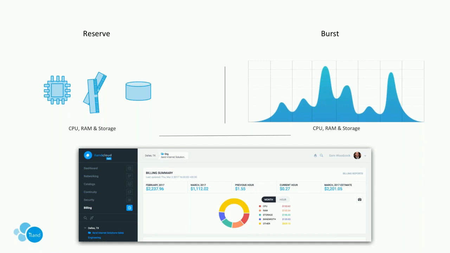And then at those points whereby you need that additional resource, you would just utilize Ireland's burst capacity, which you'll know the cost of from day one, and you'll only be charged for what is actually consumed above and beyond what has been reserved. So it's a really, really nice way to ensure that you're not paying over the odds for the services that you're running in Ireland's cloud environment.